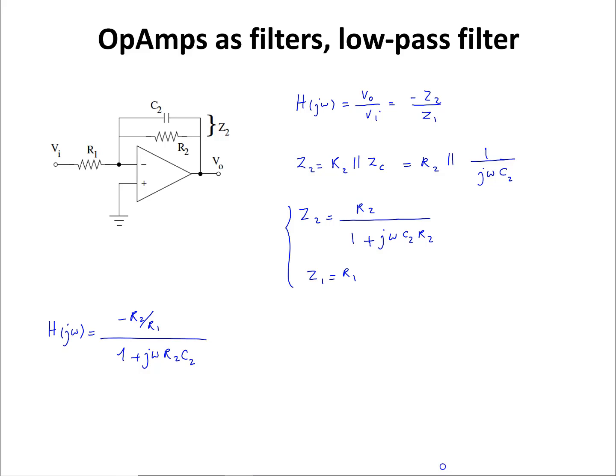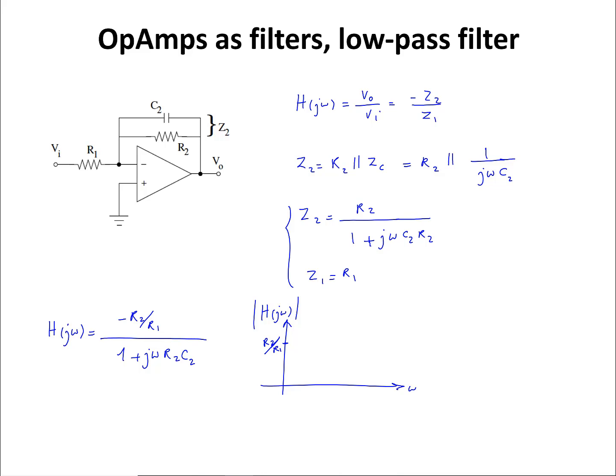If we draw the magnitude of H of j omega as a function of omega, you're going to see that this circuit functions as a low-pass filter. So for omega equal to 0, the gain, or the magnitude of H of j omega, is going to be equal to R2 over R1. This is going to be a positive value because I'm drawing the magnitude of H of j omega.